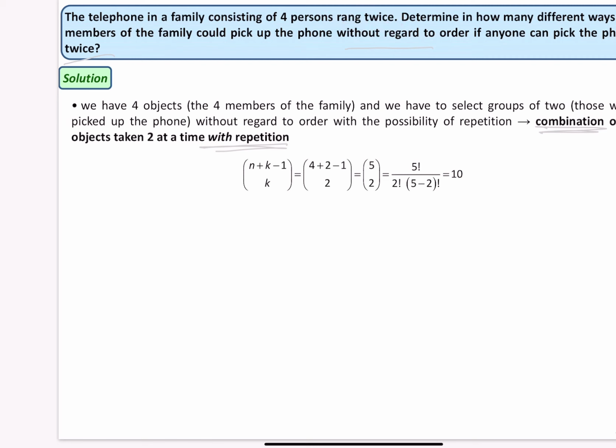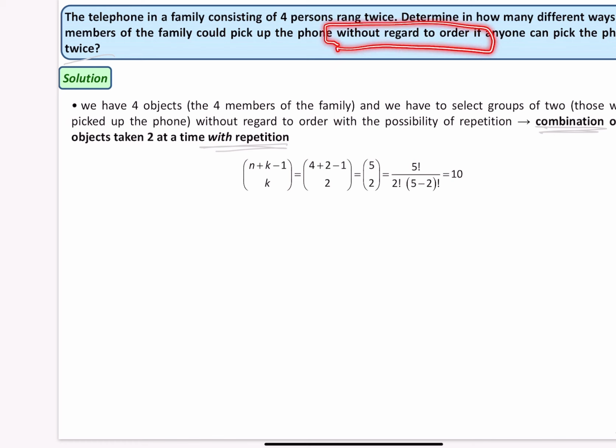The total number of people is 4. Determine in how many different ways the members of the family could pick the phone without regard to the order. So it is a combination, without regard to the order. So the order doesn't matter. Ahmad picks it first or Sam picks it first, it doesn't matter. Who picks it first, without regard to the order.